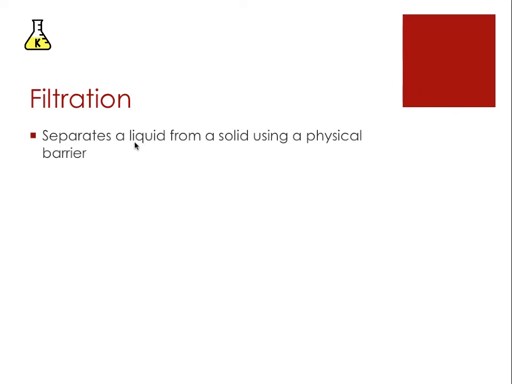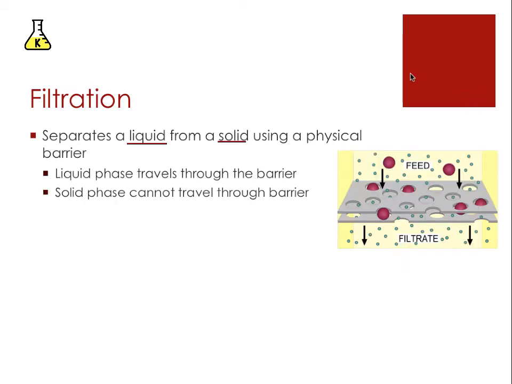Generally, filtration is used to separate a liquid substance from a solid substance using a physical barrier. This physical barrier can be something as simple as a sheet of paper. The main goal behind the physical barrier is simply that the liquid phase can travel through the barrier, represented by these smaller green dots, whereas the solid phase cannot travel through the barrier.